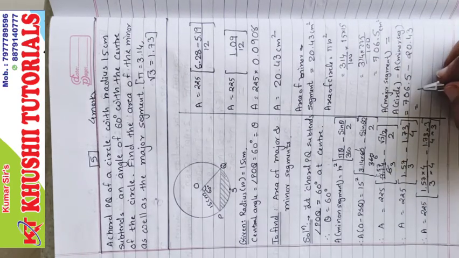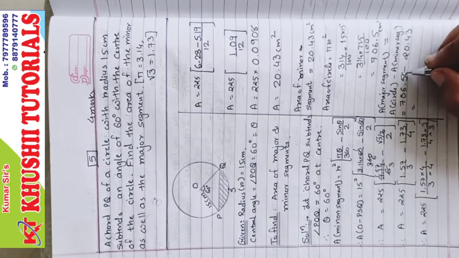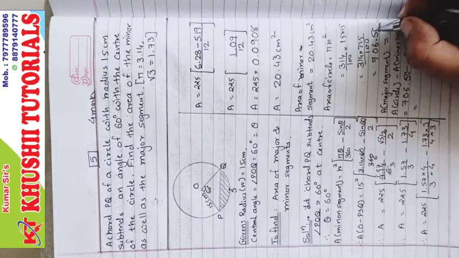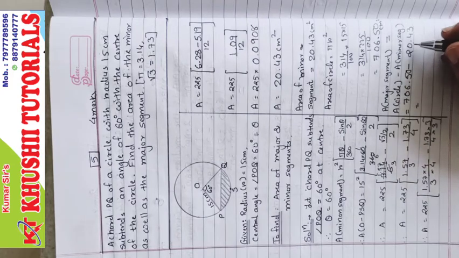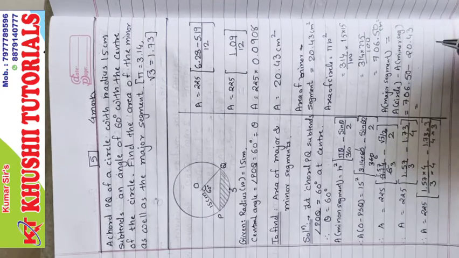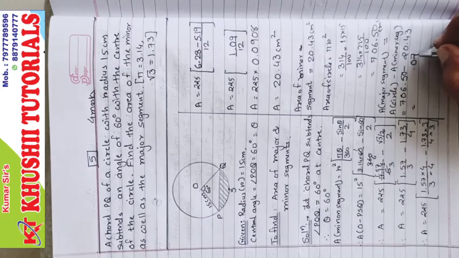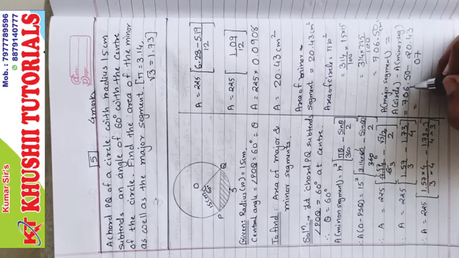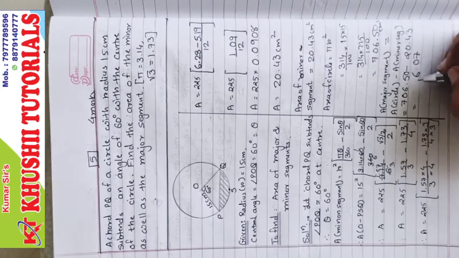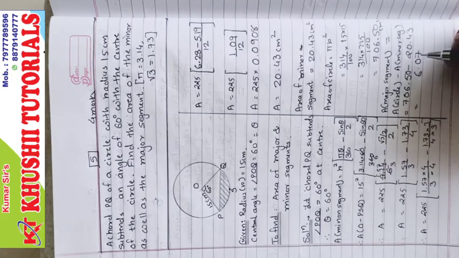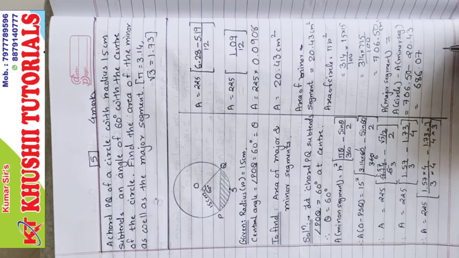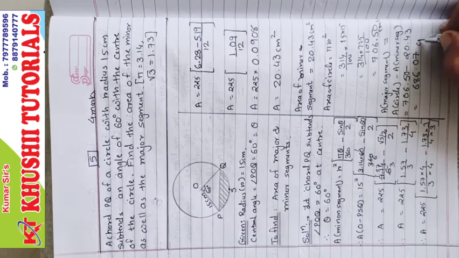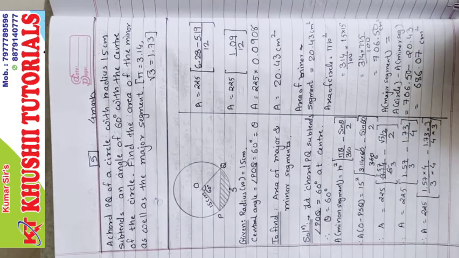So after subtracting, we will get here 5 we have, so 50 we can write, here also 50 we can write. So 706.50 minus 20.43, 50 minus 43 is 07, and 706 minus 0 is 6, and 70 minus 2 is 68. So 686.07 centimeter square. That is the area of major segment.